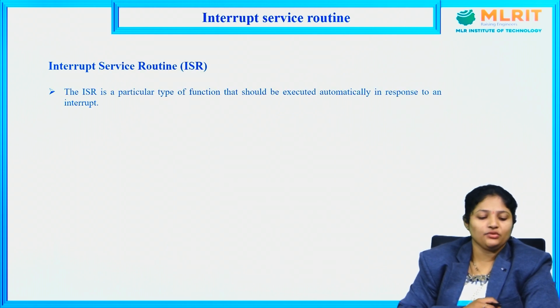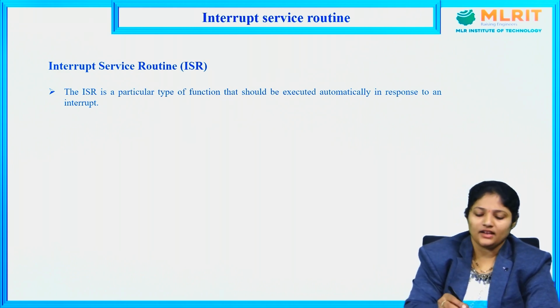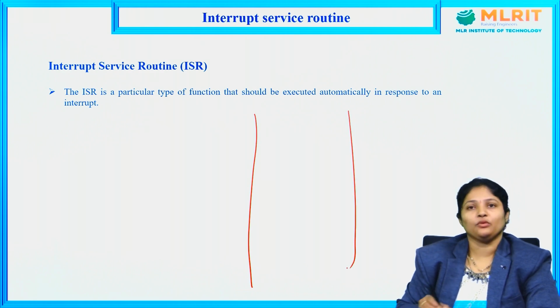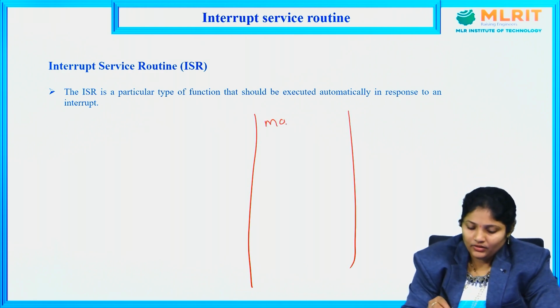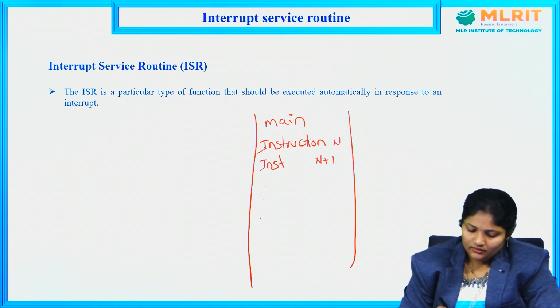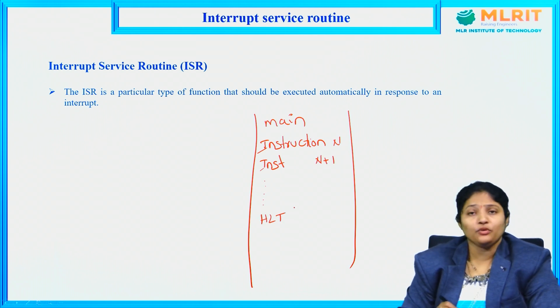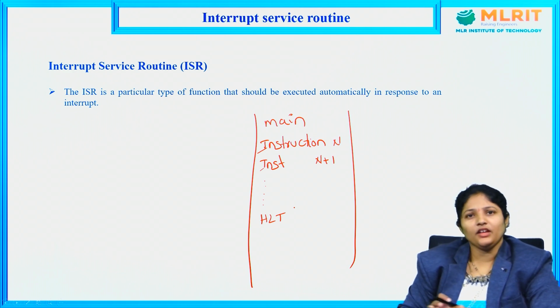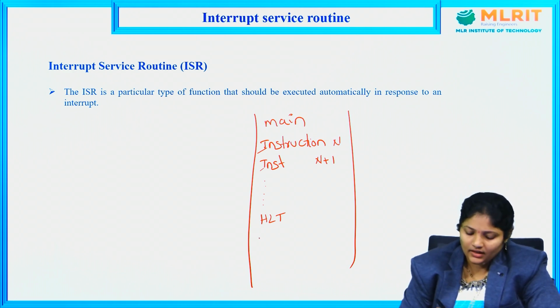Next, coming to the interrupt service routine. What is the interrupt service routine? How will the microprocessor address the interrupt while executing the main program? Let us consider this is the main program. The main program starts here. If we consider instruction N, the next instruction will be N plus 1, and so on until halt. Somewhere in the memory, we have the interrupt program.